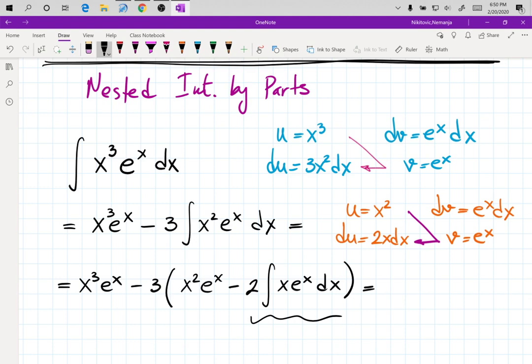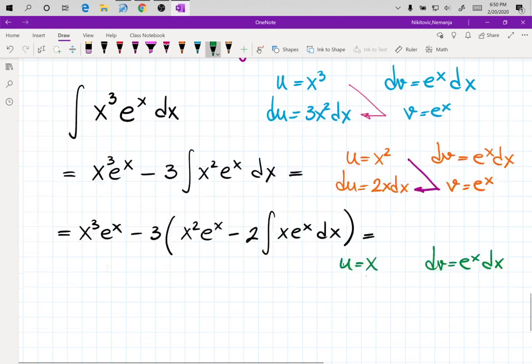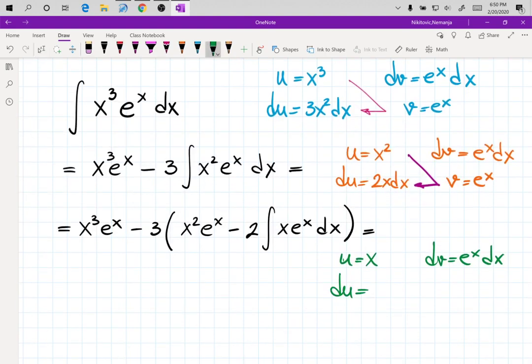Now when you look at this, this integral here is still polynomial times transcendental function. One more integration by parts. So that's going to be, let's go green. So we have u equals x, dv equals e to the x dx, du equals dx, and v equals e to the x. We put our arrow and we copy everything from the problem.